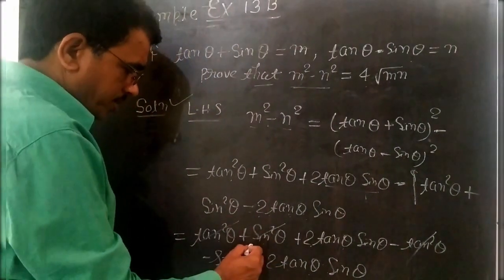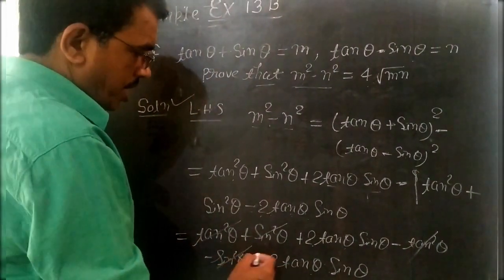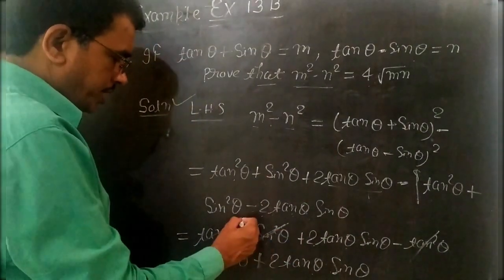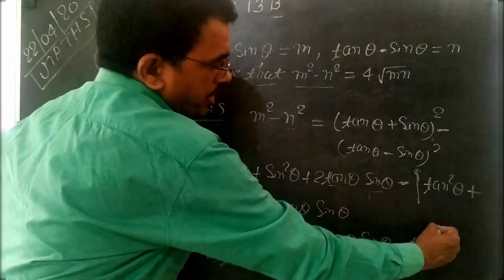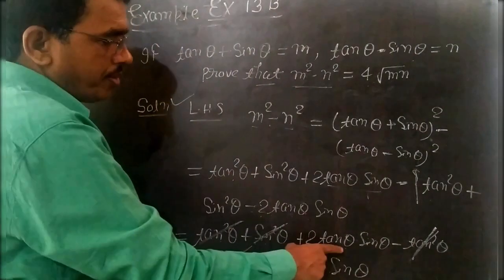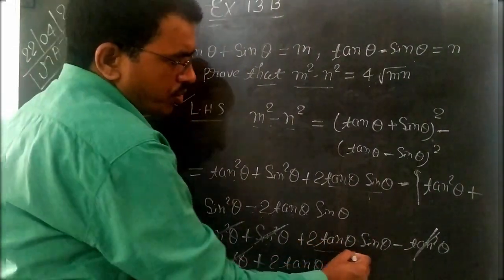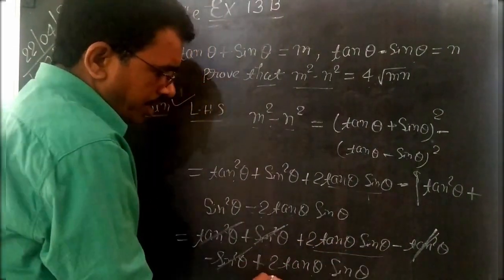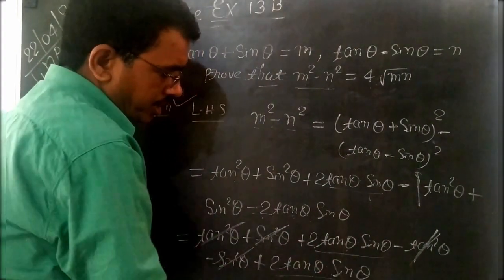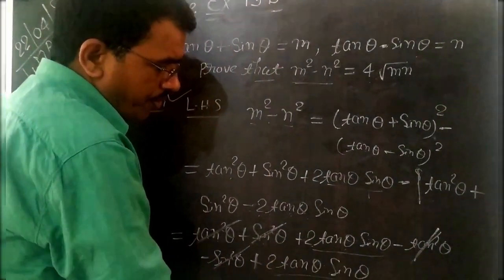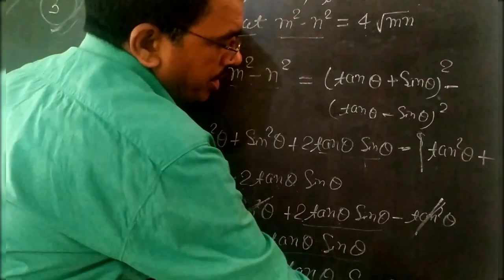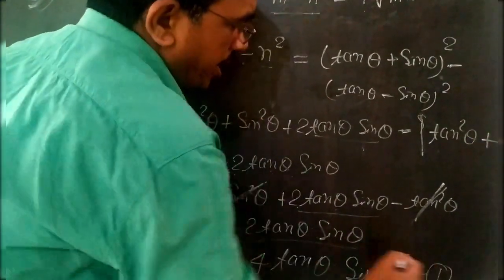Then the sin square terms cancel and the tan square terms cancel. Then only two terms remain: one is 2 tan theta sin theta, another is 2 tan theta sin theta. Then you add them and you get 4 tan theta into sin theta. This is equation first, it is LHS.